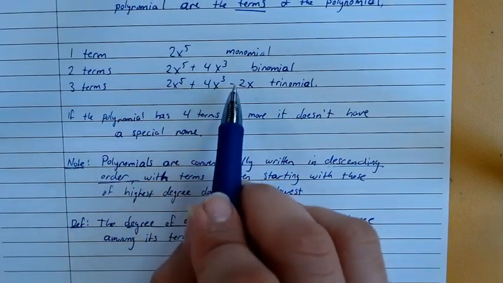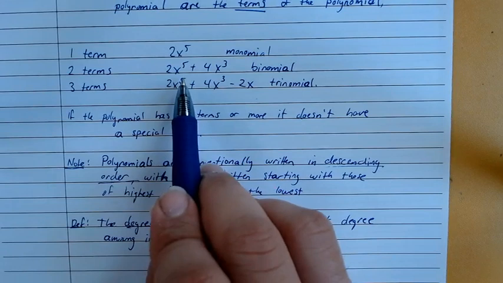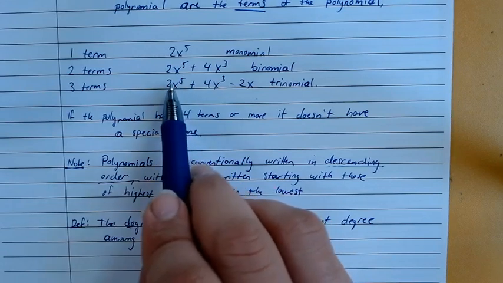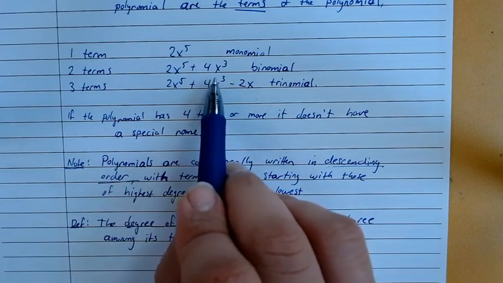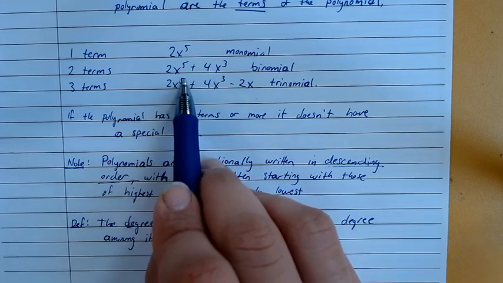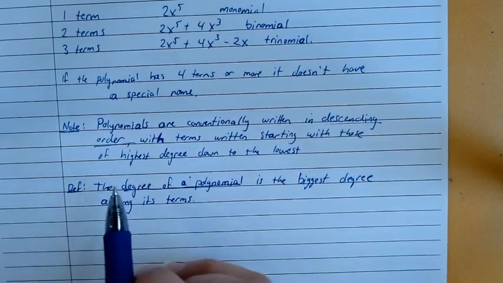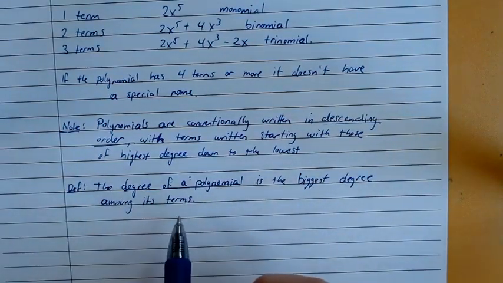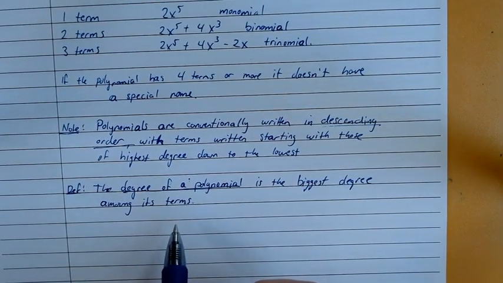If this was written out of order, it wouldn't suddenly change the degree. If you accidentally wrote this with, say, for example, 4x to the third in the front and then 2x to the fifth, the degree would still be 5. The degree of the polynomial is the biggest degree among its terms. All right?